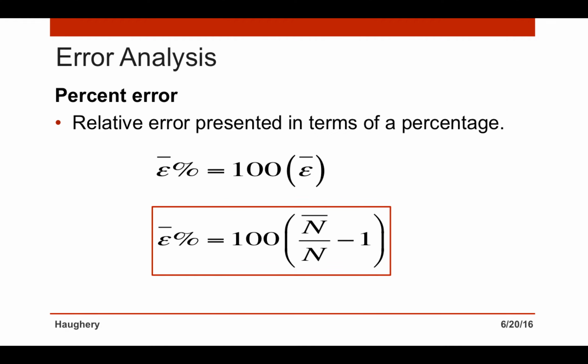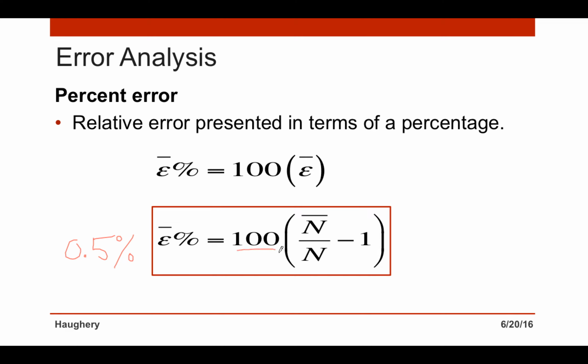And the way we're going to do this is write it out like we did previously: n bar minus n, or n bar divided by n minus 1, times 100. That number will be a percentage. So if we get a value equal to 0.5, that is 0.5%. It is not 50%. So the answers we get from this equation are already in percentage form based on multiplying by 100.